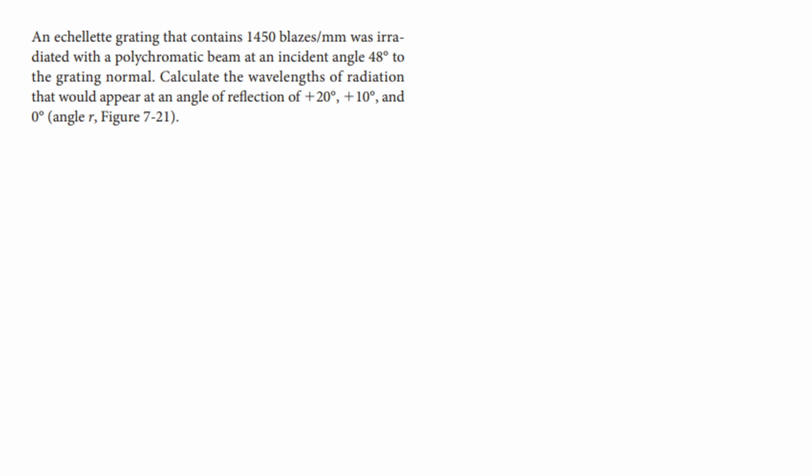So it contains 1450 blazes or groups per millimeter was irradiated with a polychromatic beam at an incident angle of 48 degree. So incident angle, that is I, is 48 degree to the grating normal. Calculate the wavelength of radiation that would appear at an angle of reflection plus 20, plus 10 degree and 0 degree.